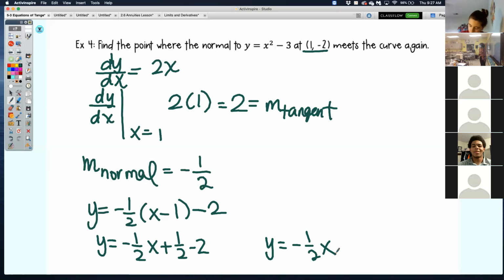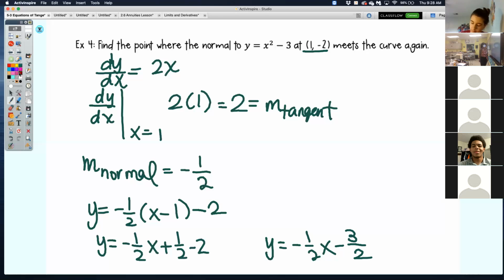What's 1/2 minus 2? Negative 1.5. And what's that as an improper fraction? That's negative 3/2. There we go. So that is the equation of my normal line. I'm looking for the point where that normal line meets the curve again.